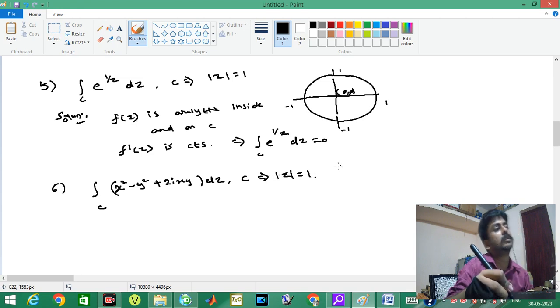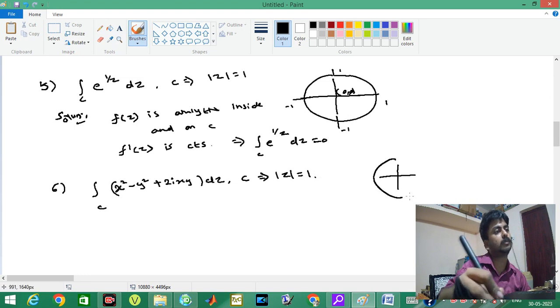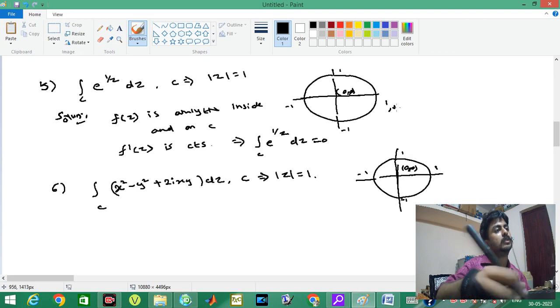See, again the same circle is going to repeat here. It is 1 comma 0 actually, and it is minus 1 comma 0.